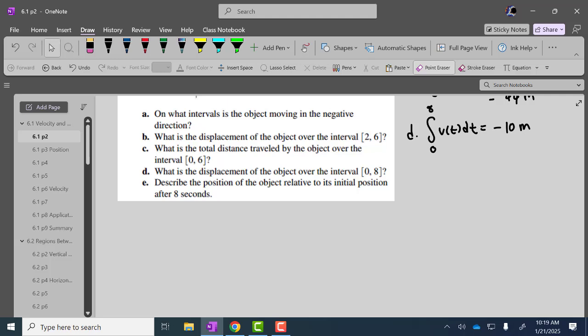If the initial position was 0, we could say the new position is at -10 on that number line. If the initial position was 20, we could say the final position is 10. But because we don't know where the initial position is, all we can say is 10 left of initial position.